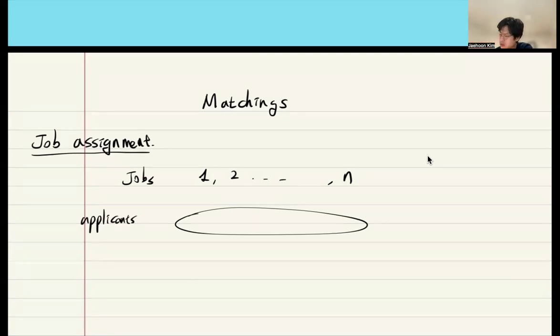And for each job, you can consider that there is a certain set of people who are qualified for this job. It is not everyone, but there is a set of people, say, people in A1 are qualified for job 1, and people in A2 are qualified for job 2, and so on.